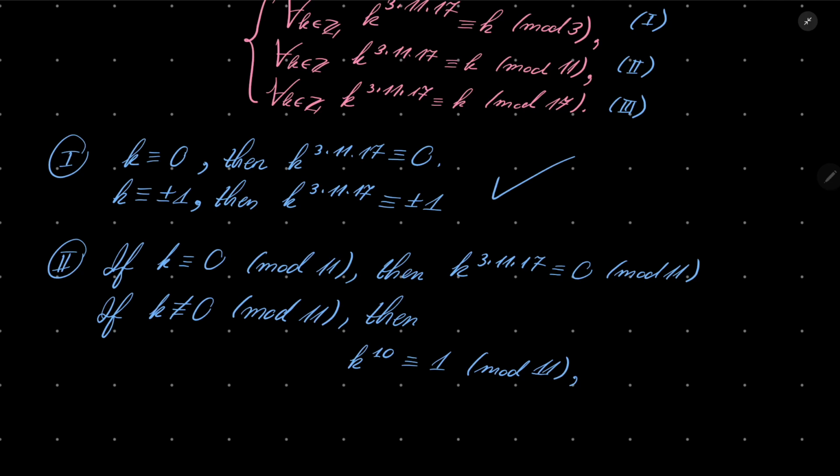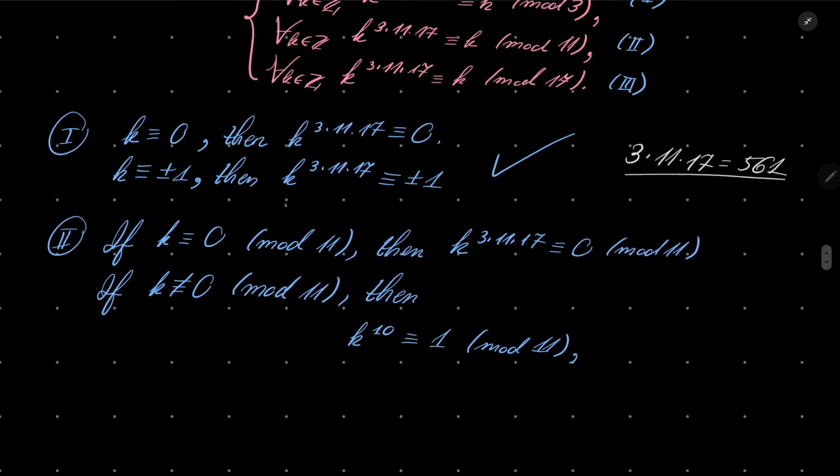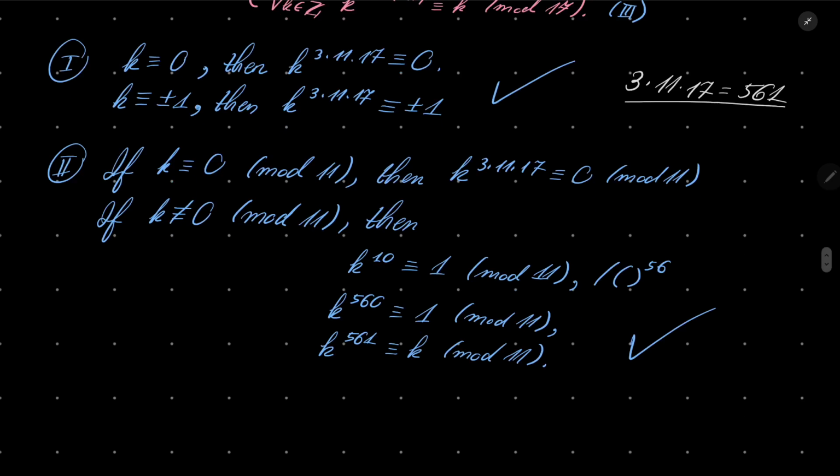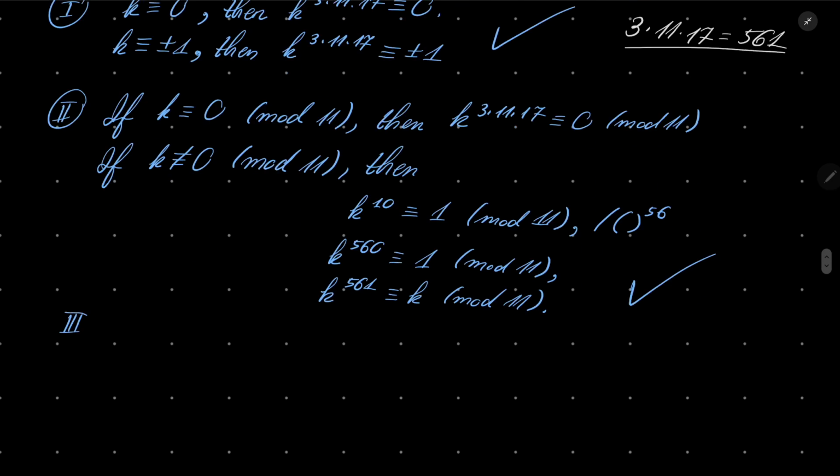And now, maybe let's also write it. What is 3 times 11 times 17? It's 561, so it happens to be. So if I raise both sides to the power 56, I have k to the power 560 is congruent still to 1 modulo 11. And if I multiply by k, I have my congruence, which I want to prove. So it holds.